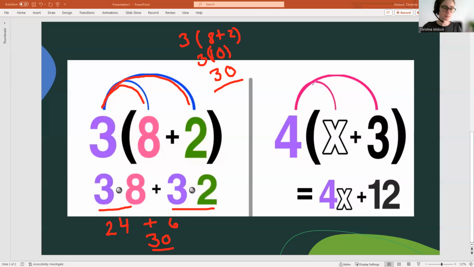All right. Now, let's look at the problem on the right here when we have 4 times the quantity of x plus 3. Why could we not use standard order of operations here and do the x plus 3? Hopefully you're saying, well, Mrs. Ailstock, it's because they're not like terms.